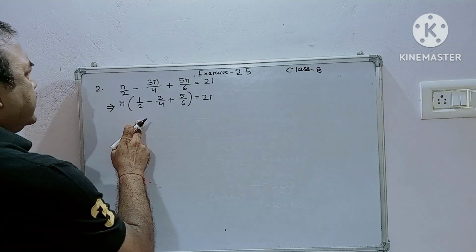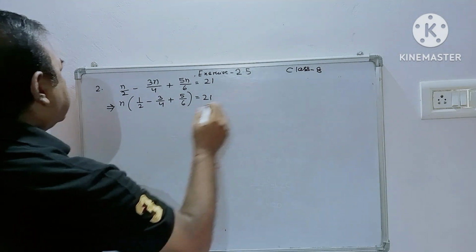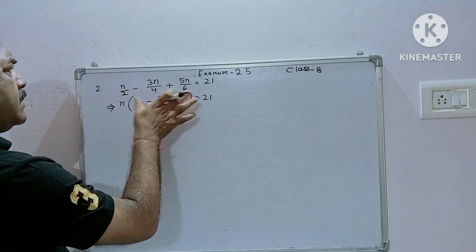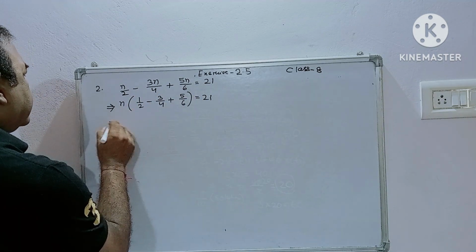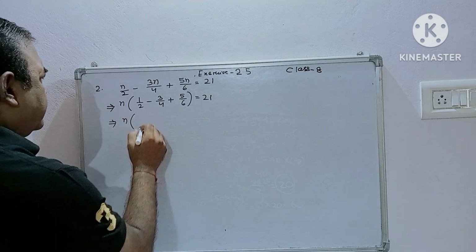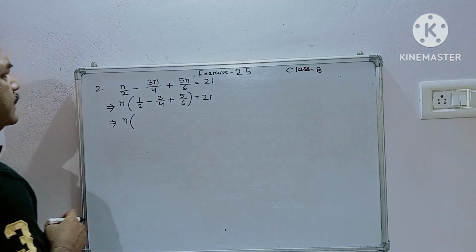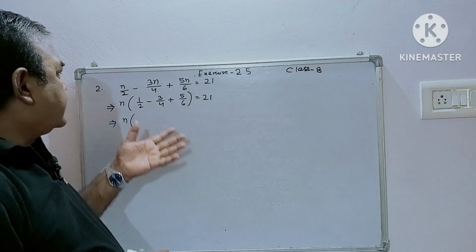If you do like this, you may solve it, or if you do not write like this, then directly you can also proceed. So if I do like this, that implies 1 upon 2 minus 3 upon 4 plus 5 upon 6.